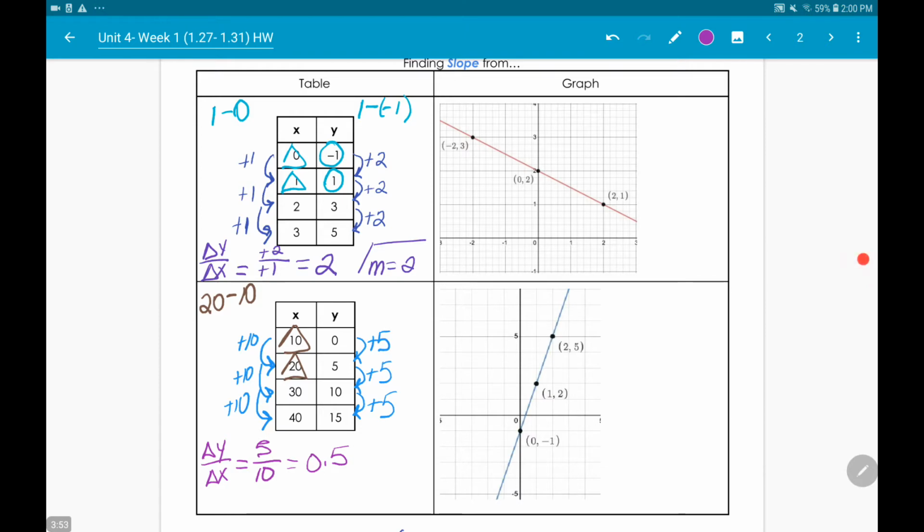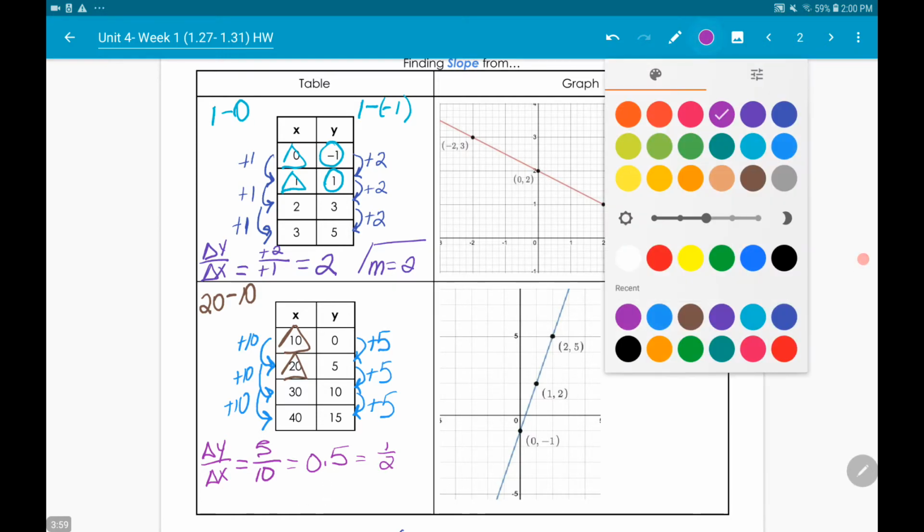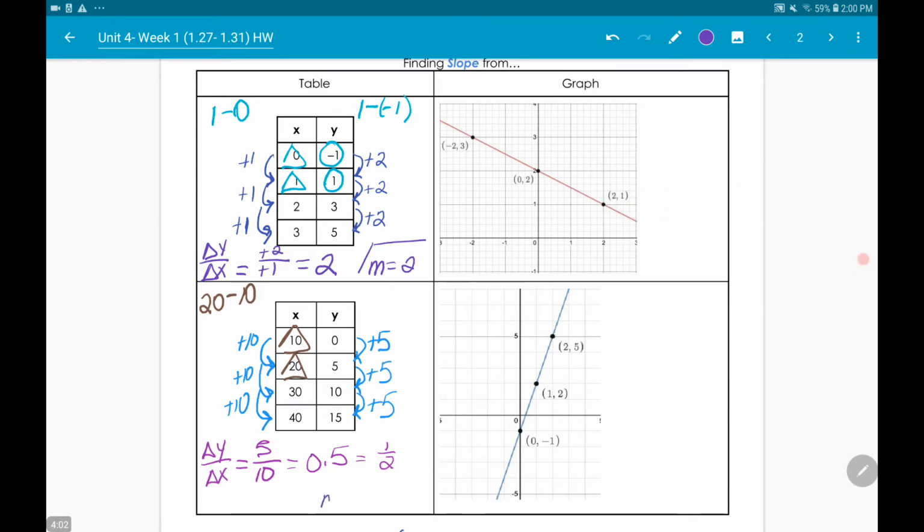But we would also accept, if you simplified that fraction, 1/2. So m equals 0.5 or 1/2. They are the same thing. And that's how we do it from a table. You just find your change in y, change in x, put it into the formula, and then put it in your calculator from there.